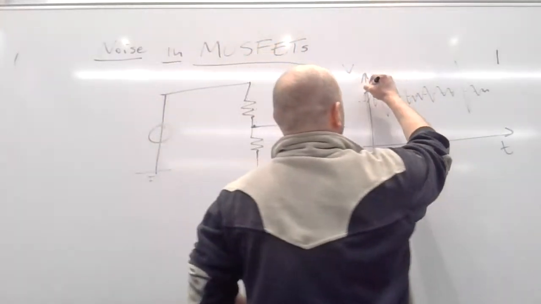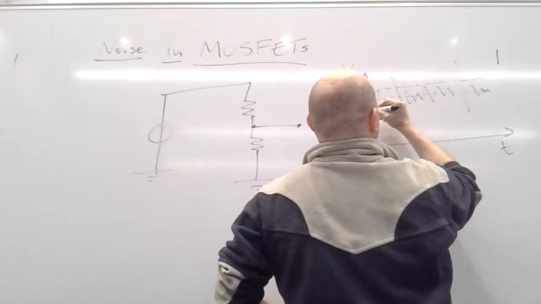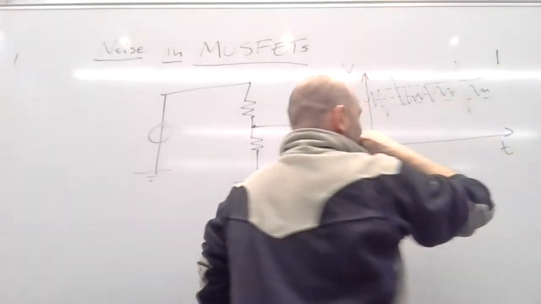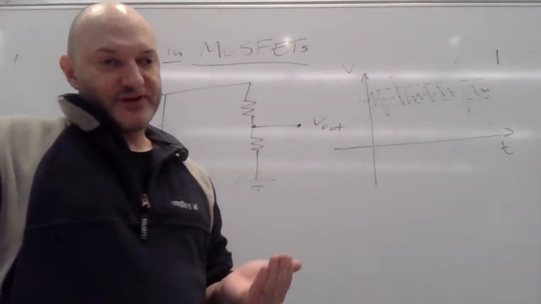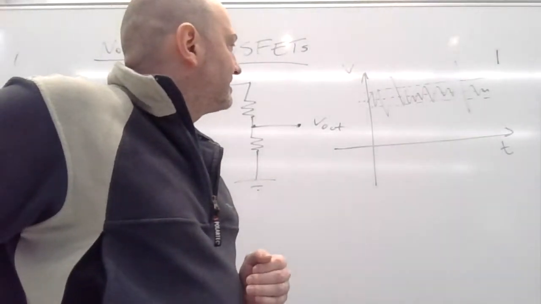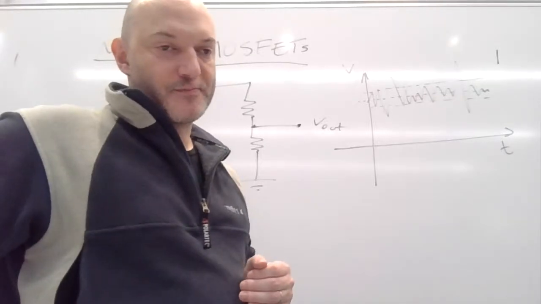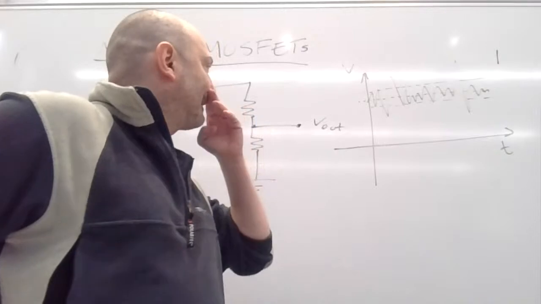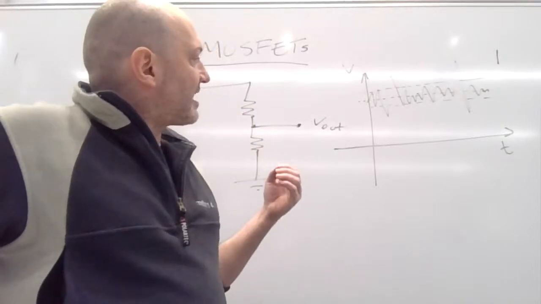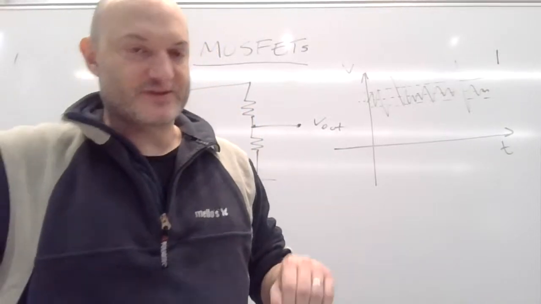So this is our RMS value. Now, the behavior of the fluctuation is very well modeled by the noise power spectral density, which tells us how the fluctuations are distributed in frequency.